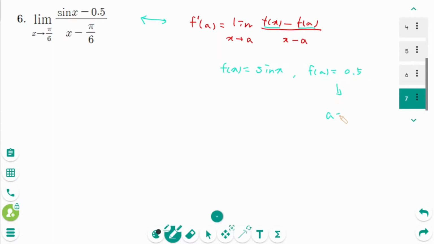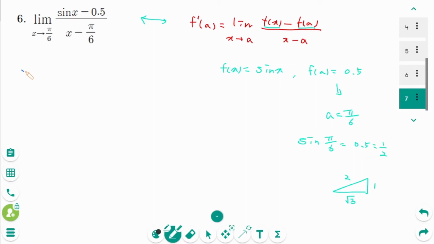That means a equals pi over 6, because sine pi over 6 is 0.5. You can use the triangle 1, 2, square root of 3. Then 0.5 is 1 over 2.